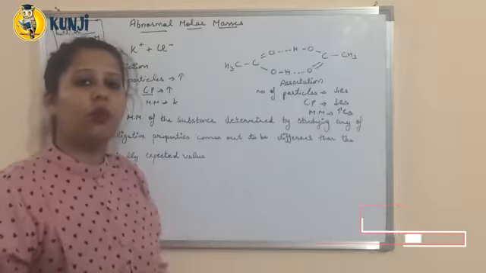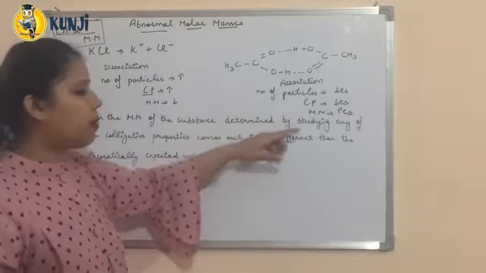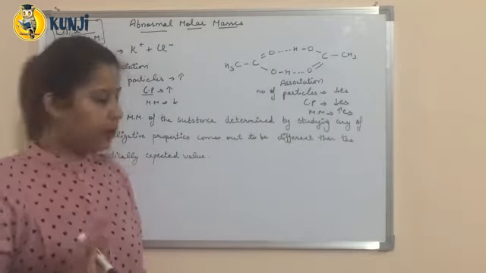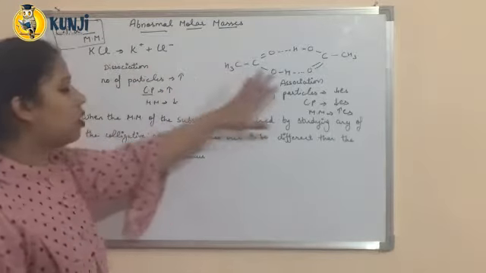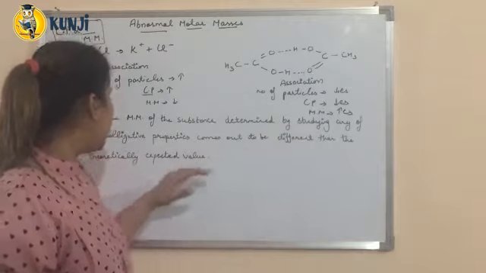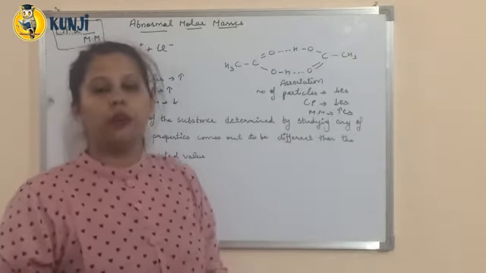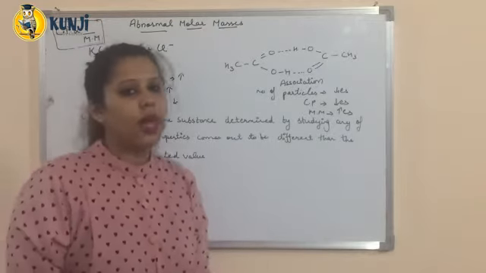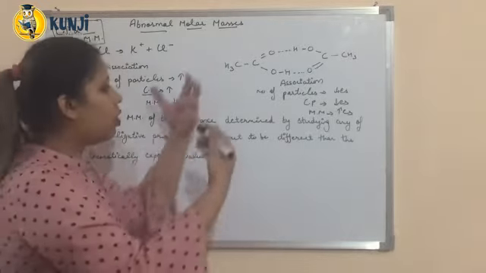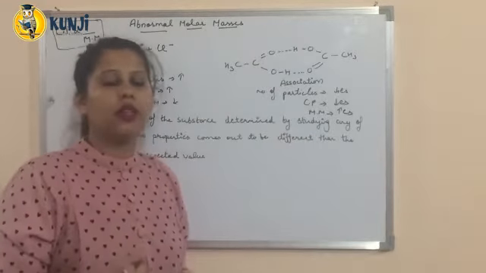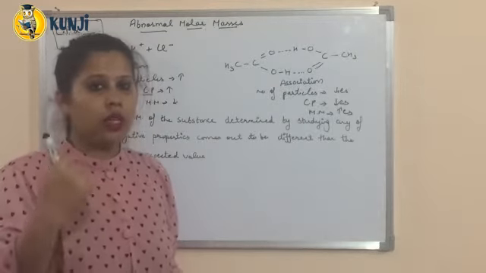This is known as abnormal molar mass: when the molar mass of the substance determined by studying any of the colligative properties comes out to be different from the theoretically expected value due to association or dissociation, the molar mass is said to be abnormal molar mass. The reason behind this is either the solute undergoes dissociation or association, or the third one, the solution is not ideal, meaning it is not a dilute solution.